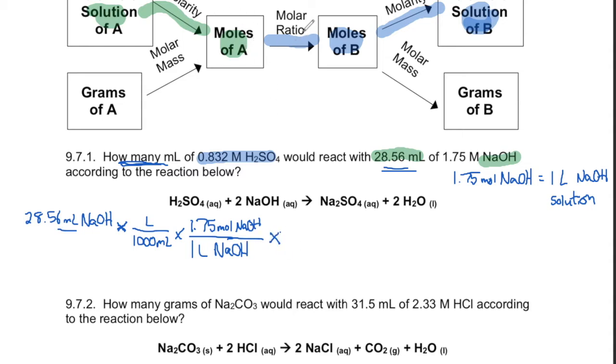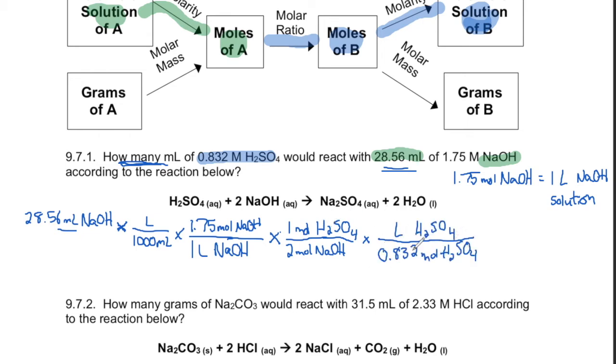Now we're at this point, we need our molar ratio to start talking about sulfuric acid instead. We have 2 moles of sodium hydroxide on the bottom to cancel and start talking about sulfuric acid. Now we can use the molarity to convert from moles of sulfuric acid to liters of sulfuric acid solution.